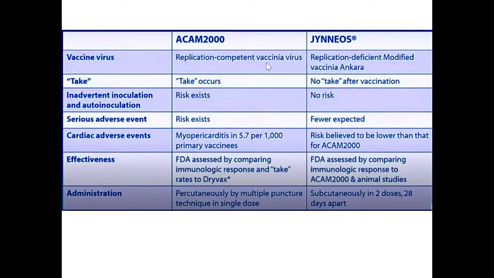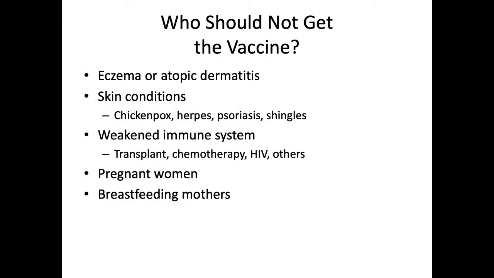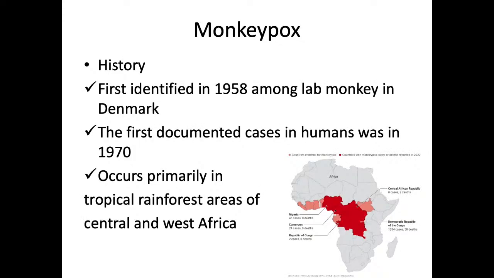So these 2 vaccines are used to prevent monkeypox. Who should not get the vaccine? The live one. Jynneos can be taken by people who have weakened immune system.